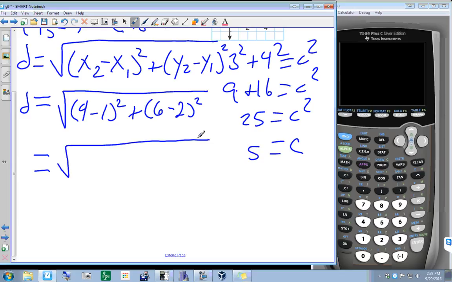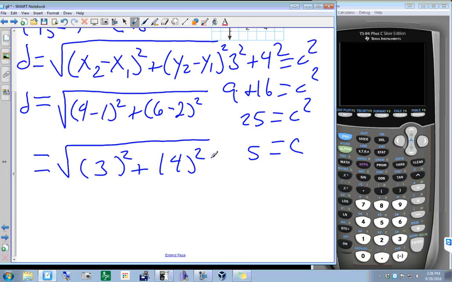Can you subtract? What is 4 minus 1? 3 squared. Plus, what is 6 minus 2? 4 squared. The most difficult part about mathematics is actually taking the time and effort to write it out.